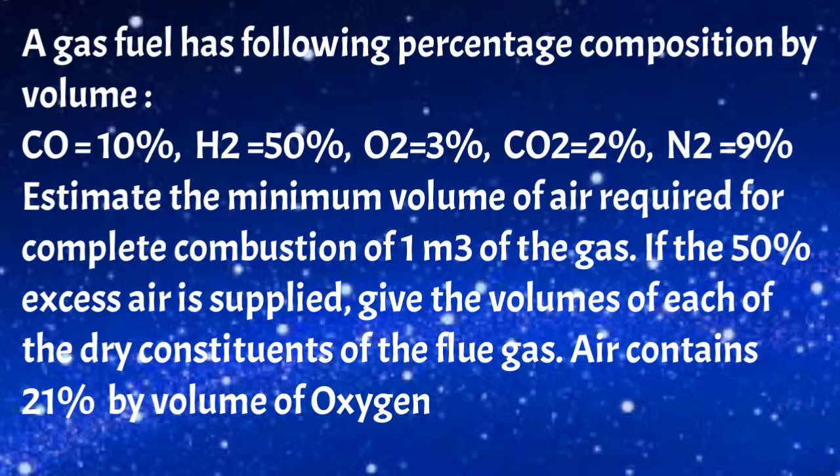Estimate the minimum volume of air required for the complete combustion of 1 meter cube of the gas. If 50% excess air is supplied, give the volumes of each of the dry constituents of the flue gas. Air contains 21% by volume of oxygen. So this was the given question.